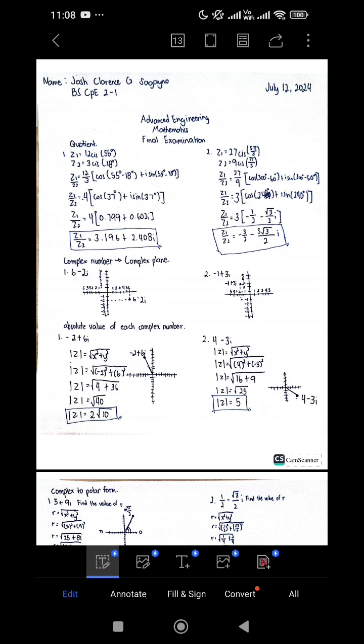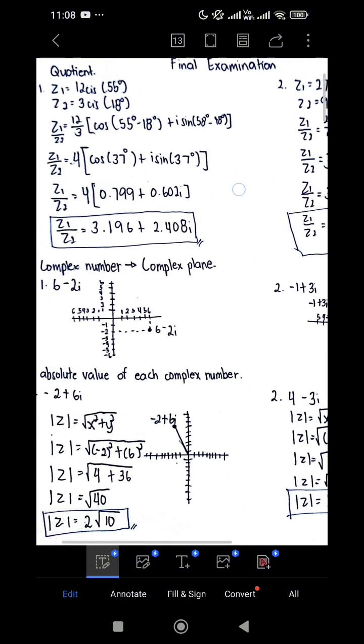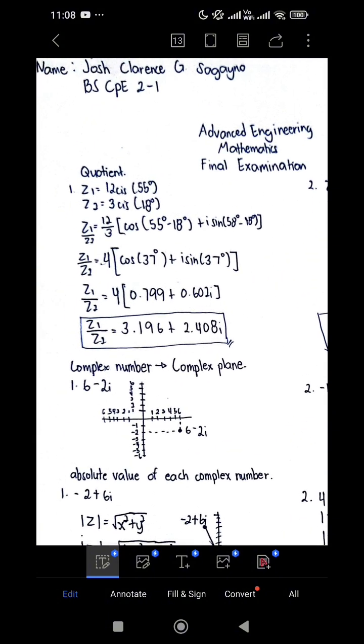So let's get started. Number 1, we find the quotient. The given is Z1 equals 12 cis 55 degrees and Z2 equals 3 cis 18 degrees.